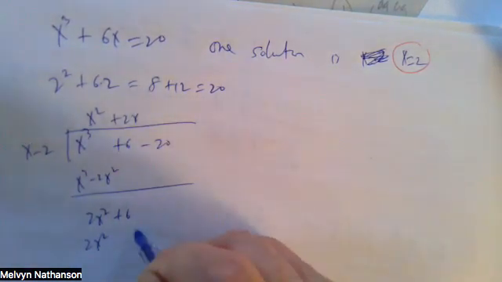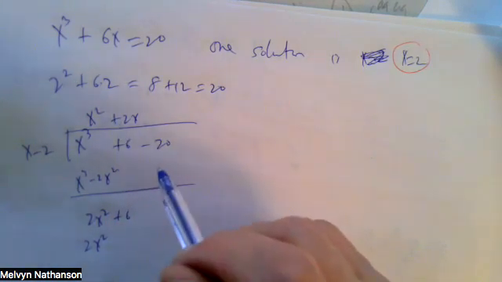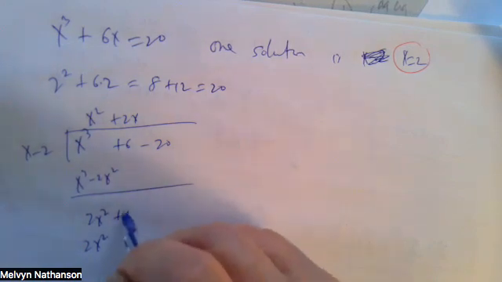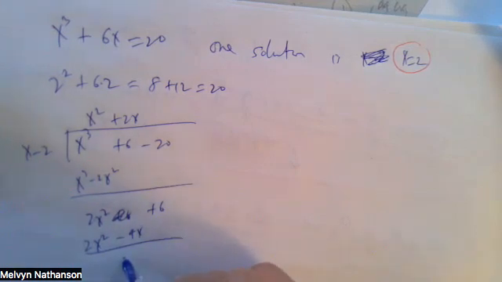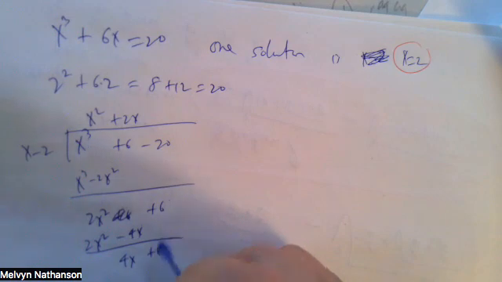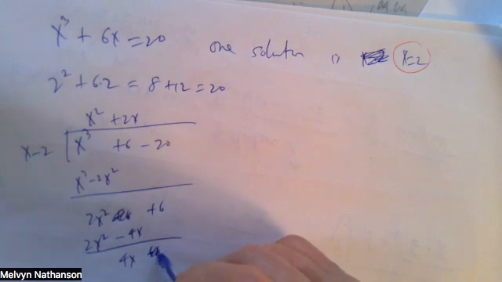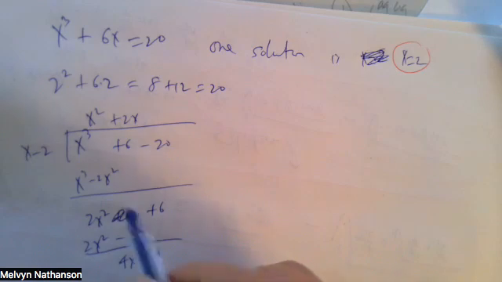This is 2x squared minus 4x. And when I subtract, I get 4x plus 6 minus 20, is 4x minus 14. Is that right?